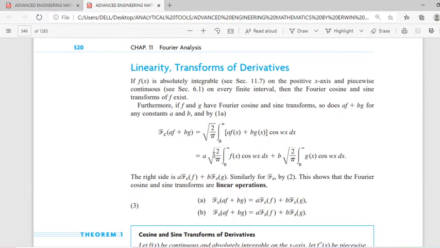You will get a into root 2 by pi integral 0 to infinity f of x cos wx dx, plus b into root 2 by pi integral 0 to infinity g of x cos wx dx.